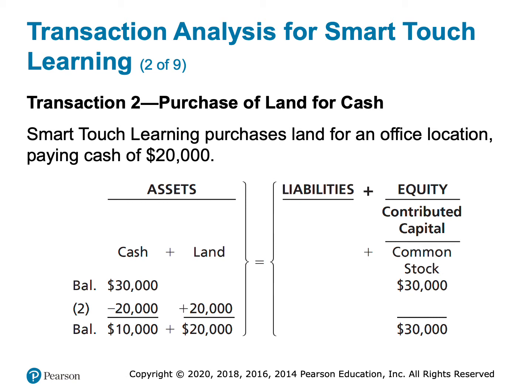Now, if you were sitting in the classroom, I would be looking out at you, and I'm confident that all of us would be shaking our head, no, we cannot record the land at $25,000, even if that's what we think it's really worth, because remember, all assets are recorded at their historical cost. And since what we paid for this land was $20,000, that's what we have to record it at.